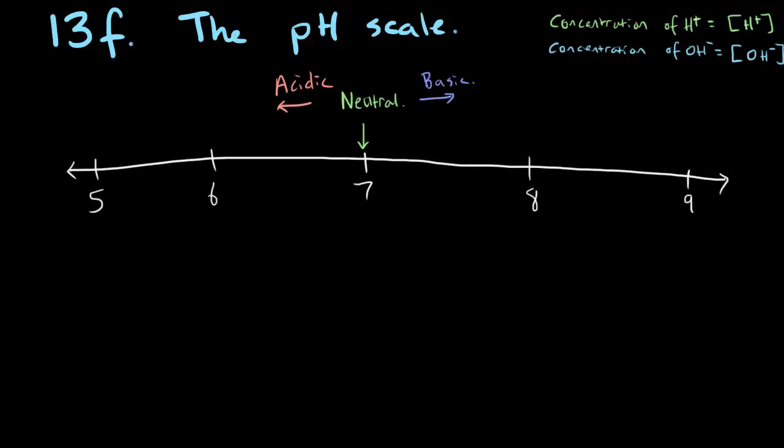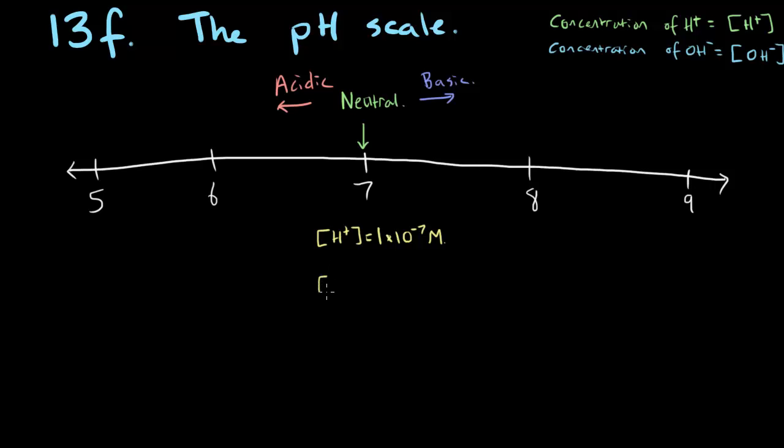So we've got our neutral solution, which is pH 7. If we were to have a look at the concentration of H+ and concentration of OH-, we would find that concentration of H+ would be 1 times 10 to the power of -7 moles per litre, or molar. Molar with a capital M is another unit you can use to represent moles per litre.